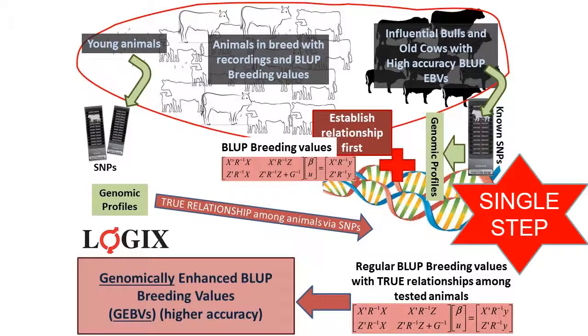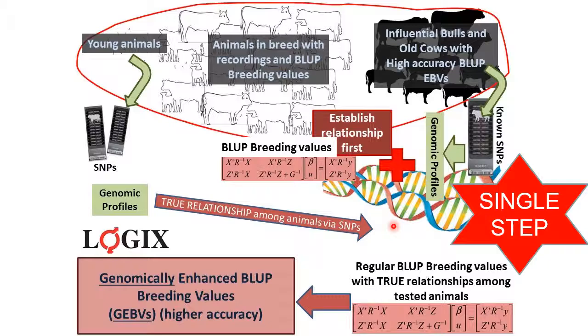So that brings us to the latest technology that's being utilized, the so-called single step. And the biggest difference between a single step and a two-step is that the way that the genomic information is utilized in a single step is to change the A matrix.